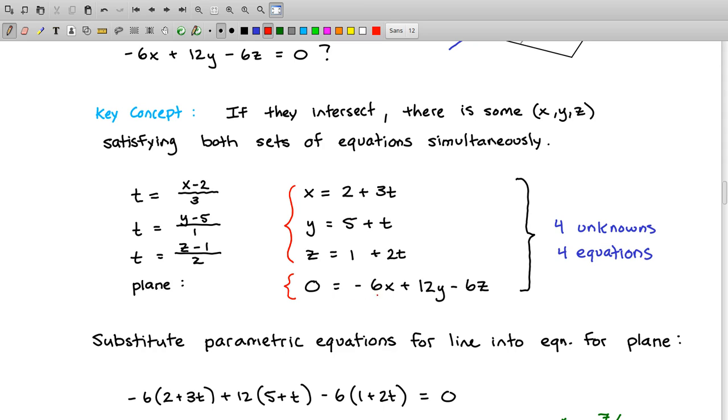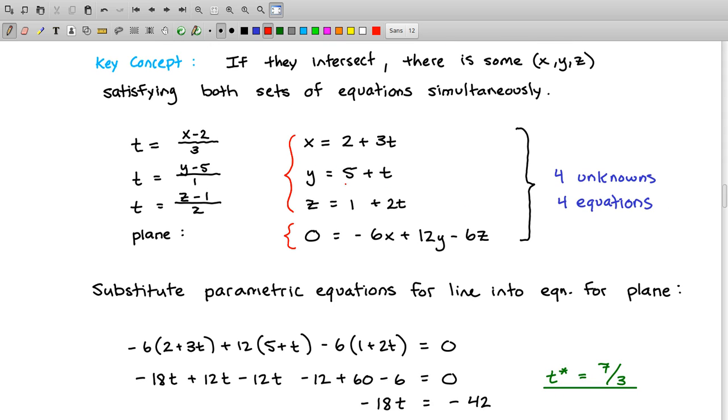The plane equation has x, y, and z without any t's, and the parametric equations for a line define x, y, and z all in terms of t. So in general, we should think of this as a 4x4 linear system, but this one is particularly easy to solve by replacing each of the x, y, and z in the plane with the parametric form given above.